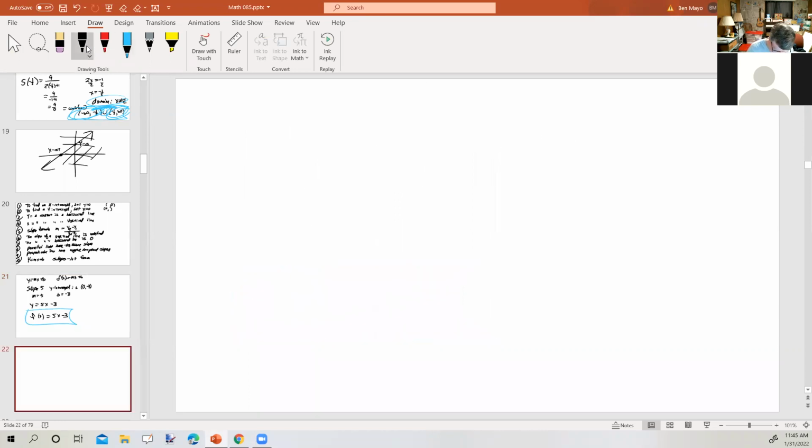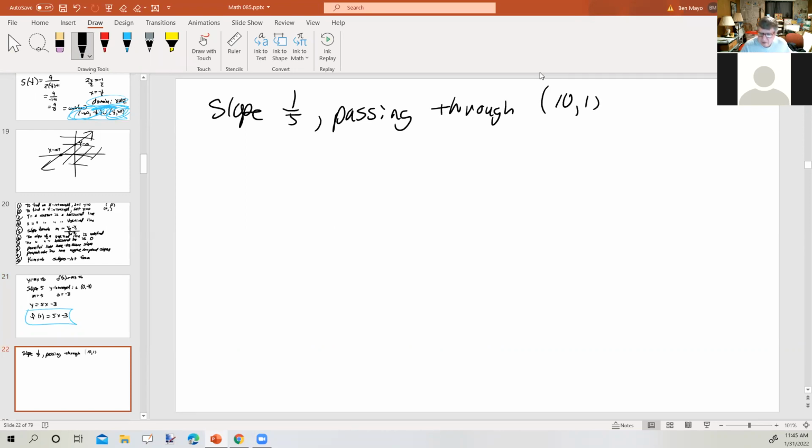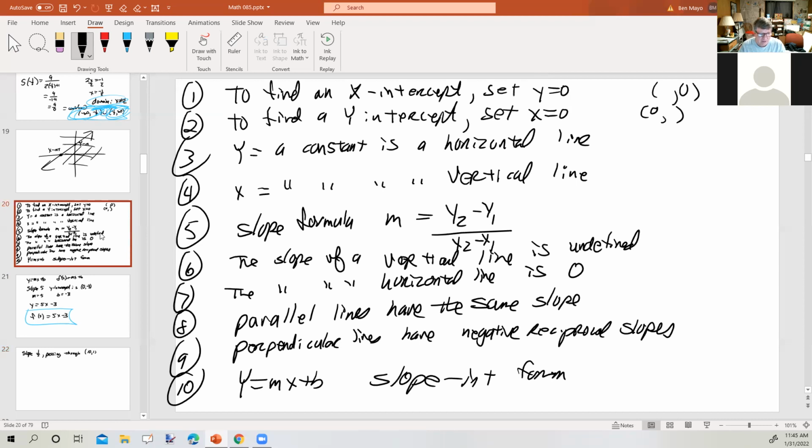Okay, let's take a look at another example. Here, the slope is 1/5, and it's passing through 10, 1. Just a point of interest, coincidentally, or maybe not, this morning in the Math 85 class, I covered section 3.6, and I basically reviewed that top 10 list that we just went over, and did some examples.